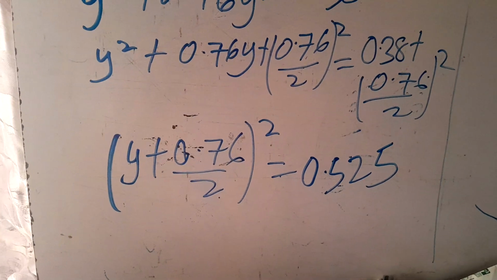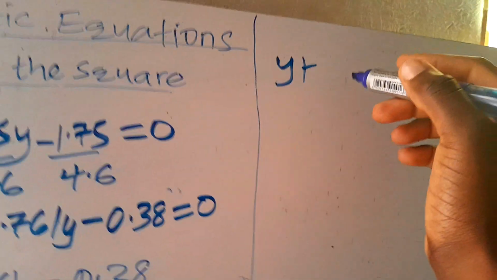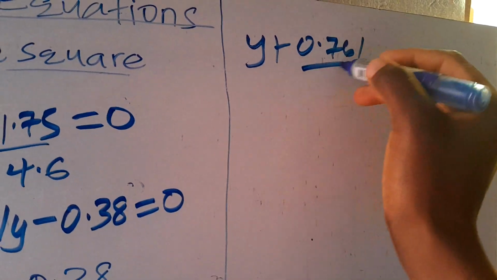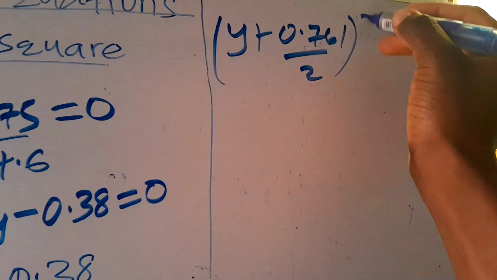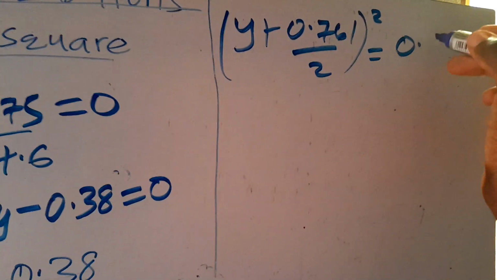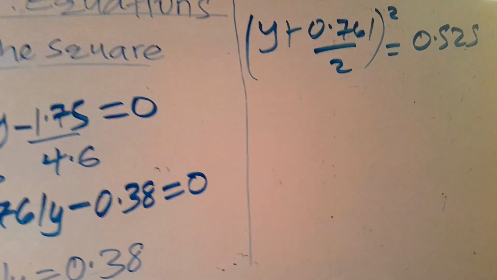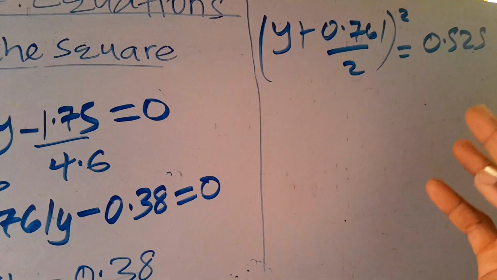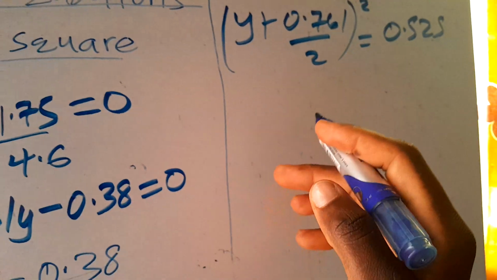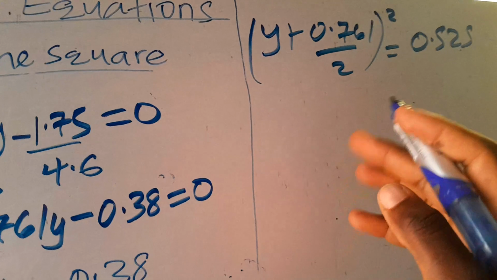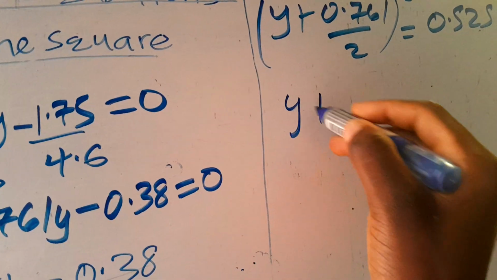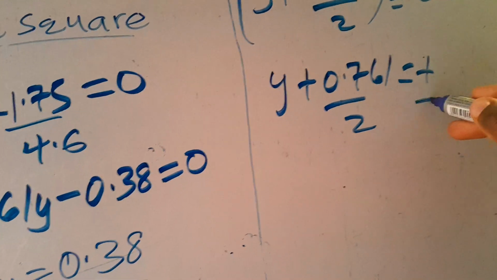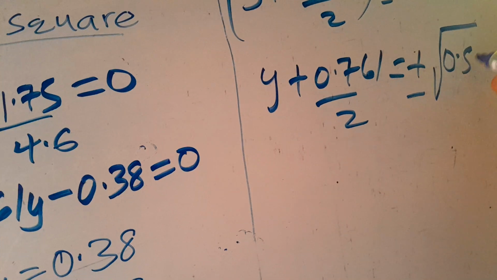We go back to y. Let's continue up here. y plus 0.76 over 2, squared, is equal to 0.525. Now we want to find the value of y. First, we must look at the root of this square. The root will be y plus 0.76 over 2 is equal to plus or minus the square root of 0.525.